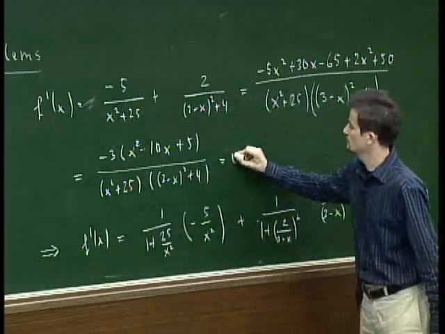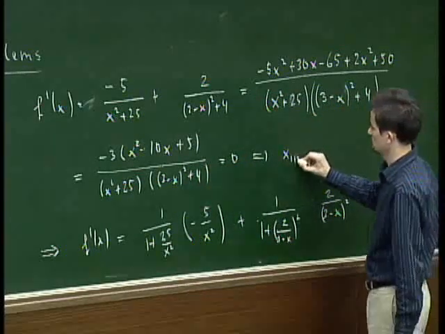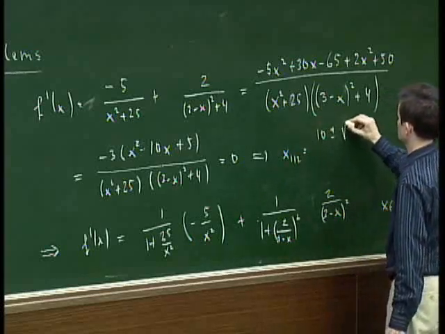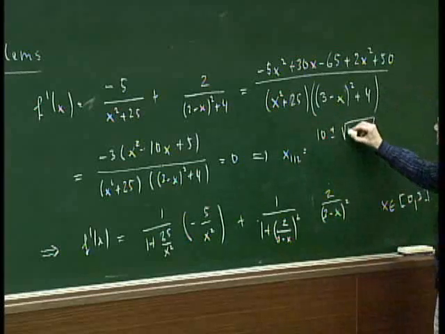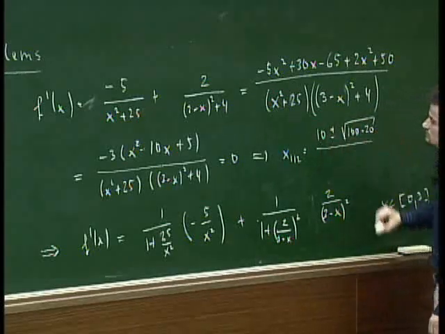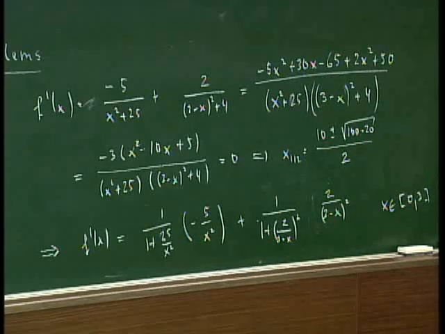So we have to equate it to 0. From here we get two solutions: 10 plus minus the square root of 100 minus 20, over 2. So you have these two solutions here.